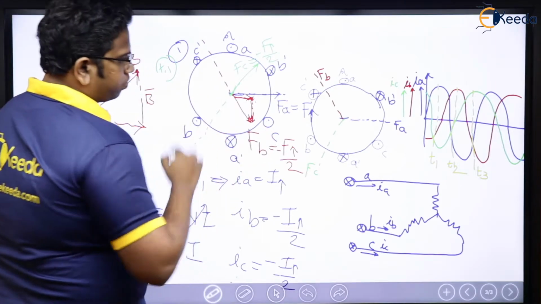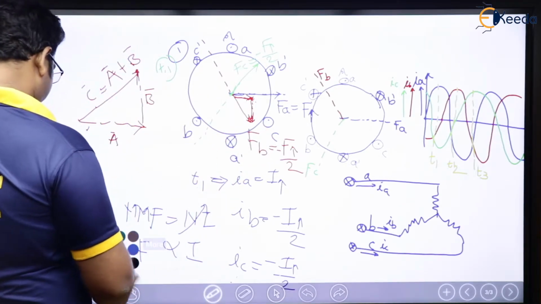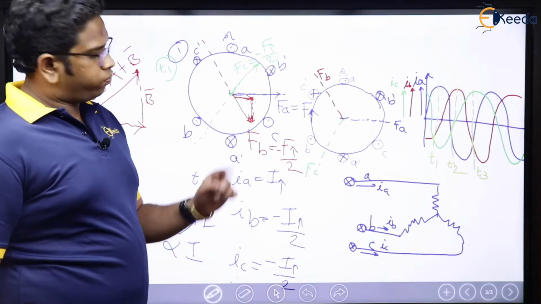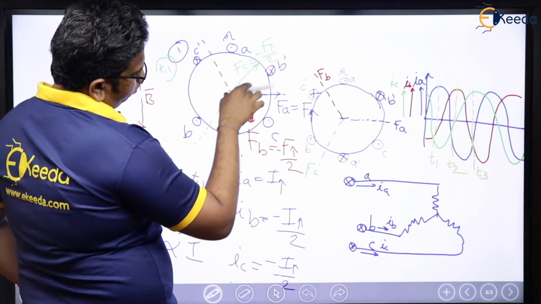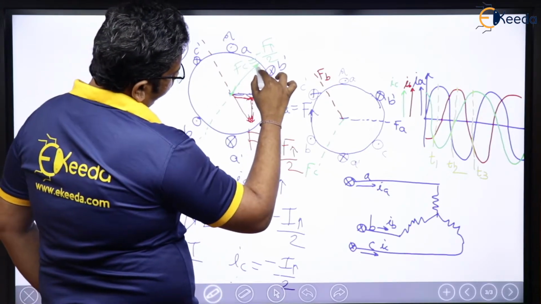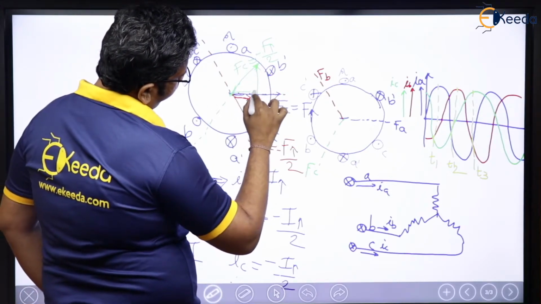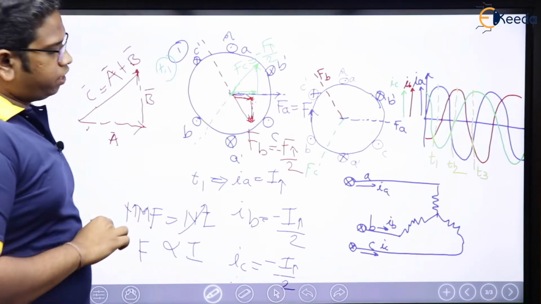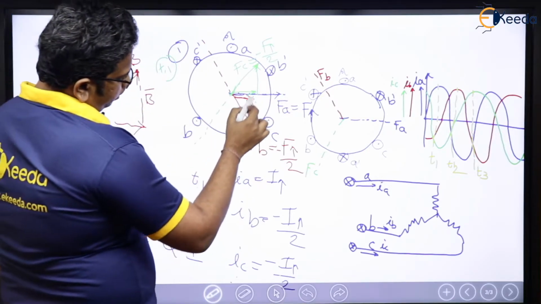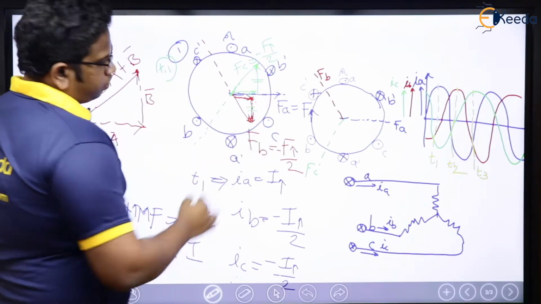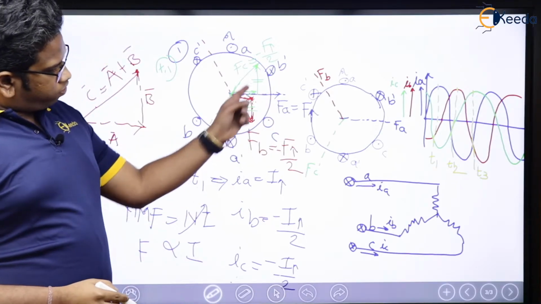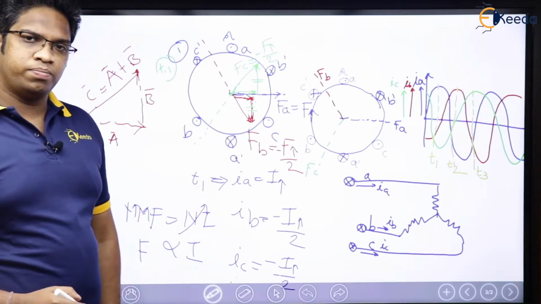Horizontal, vertical component. Now, same with this green. I can split this FC into horizontal component and vertical component. So let us say this is horizontal component and this is vertical component, right? Now if you see here, these two are exactly opposite to each other, which means these two will cancel out, which means vertical components of them will get cancelled out.